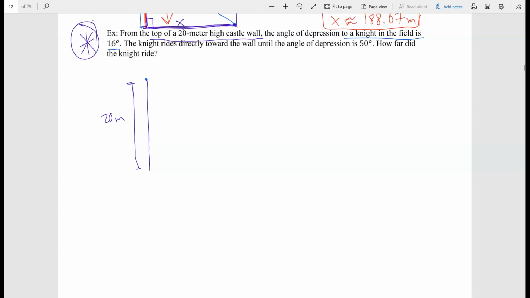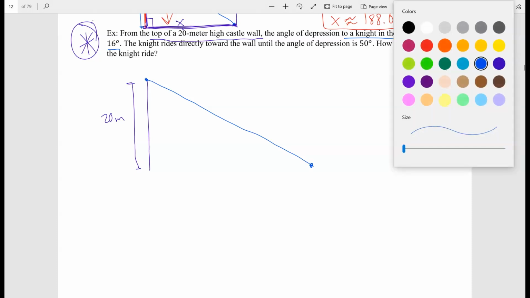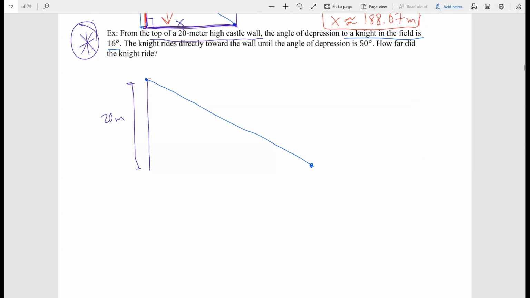So if you're here and then you have a knight right there, that's 16 degrees. Let's draw the horizontal line again to give us a little glimpse. So we know that this angle of depression is going to be 16 degrees. So that's the angle of depression.